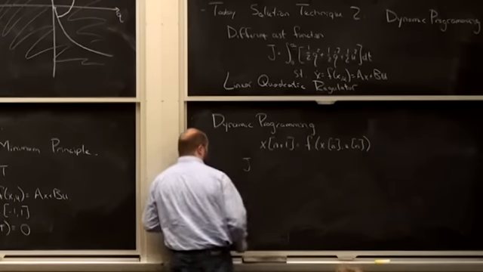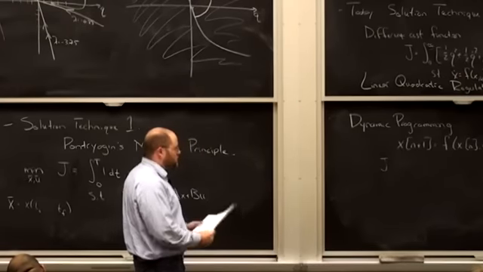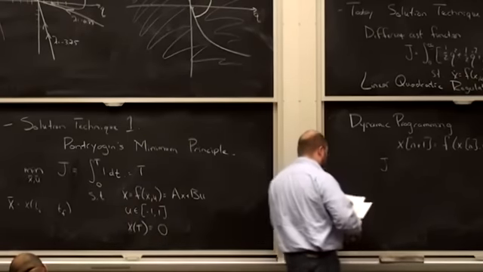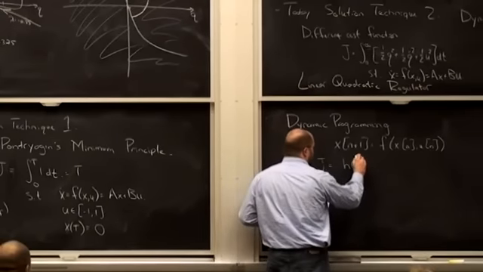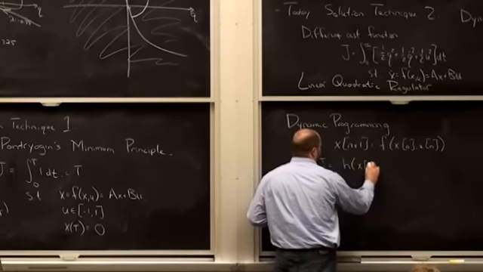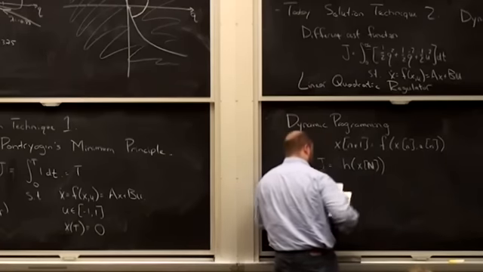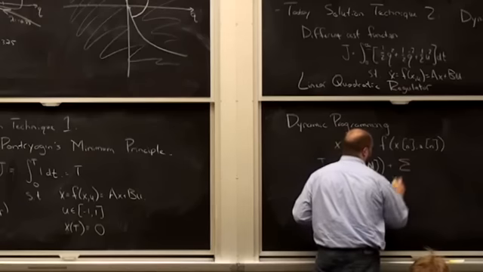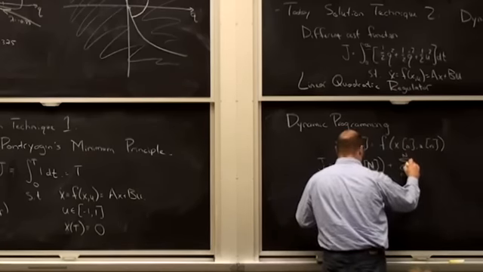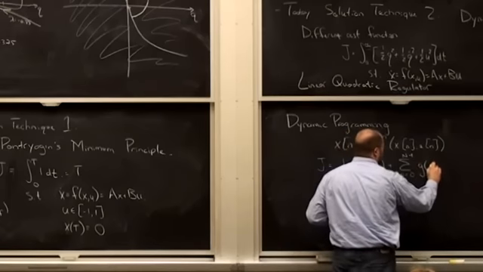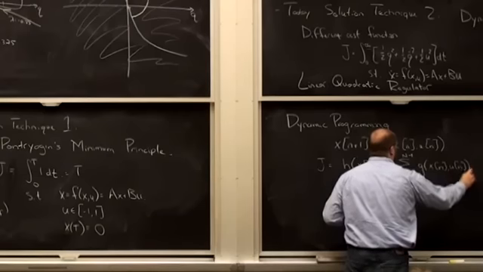Now remember, in the Pontryagin minimum principle, we show that there's a general form that a lot of these cost functions take. In the discrete form, it's h of x at capital N plus a sum instead of an integral, right, of n equals 0 to N minus 1 g of xn, un.